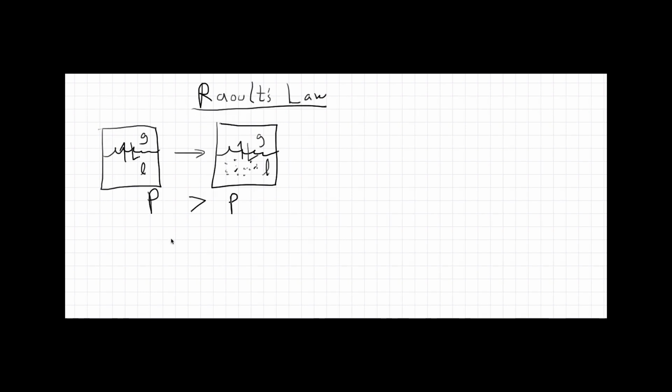Okay, all right, so we have to somehow figure out how much less, how much the vapor pressure is lowered by putting that solute into the liquid. And Raoult's law does this by assuming that the solution is ideal. Actually, we have to make two assumptions.